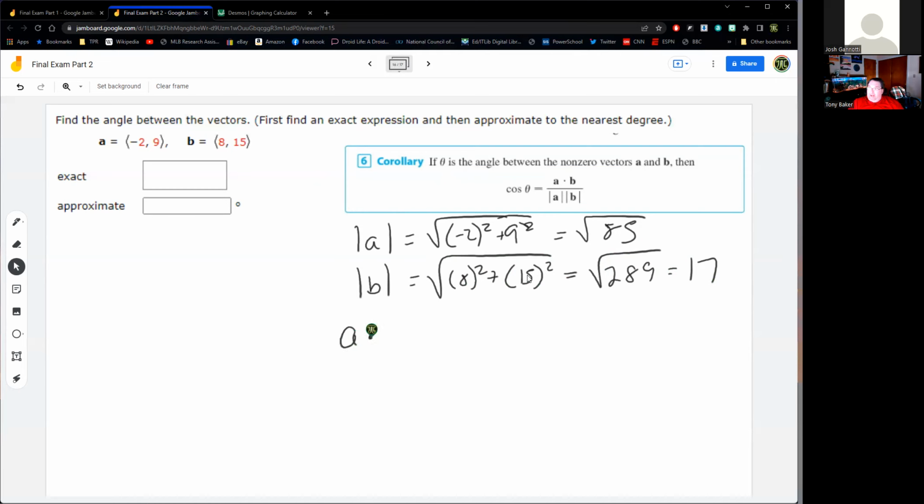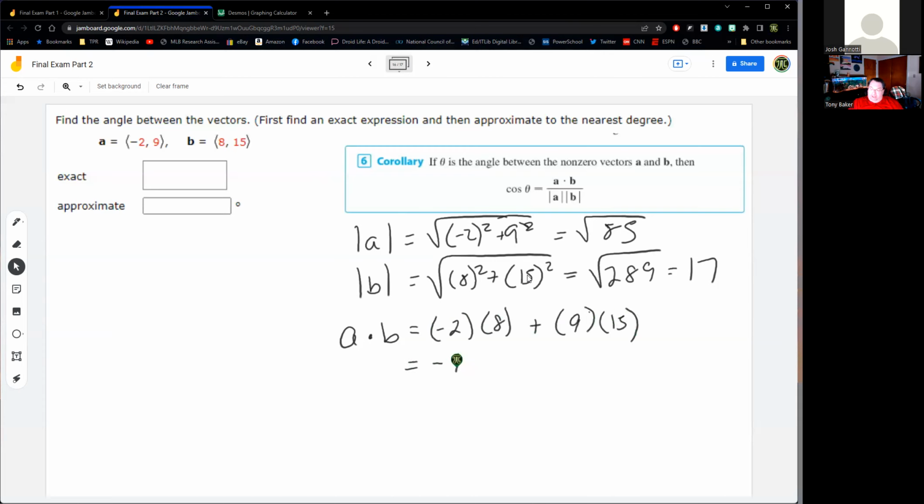Now the dot product of A and B. Remember to do the dot product, we're multiplying the first terms and adding it to the multiplication of the second terms. So it's -2 times 8 plus 9 times 15.